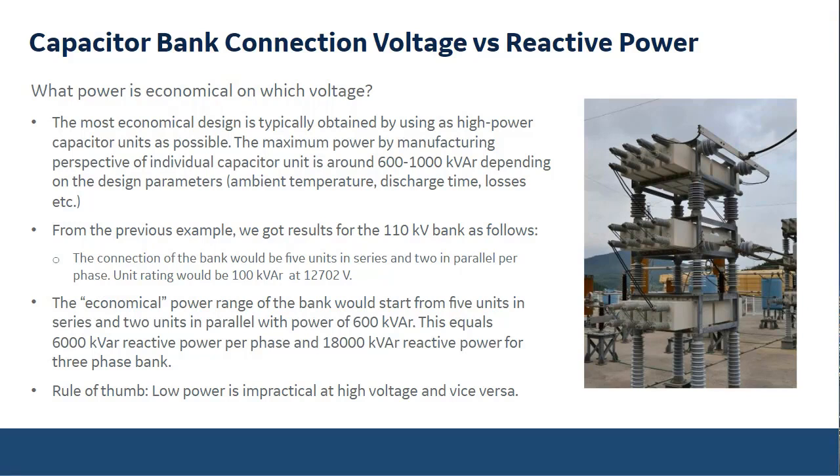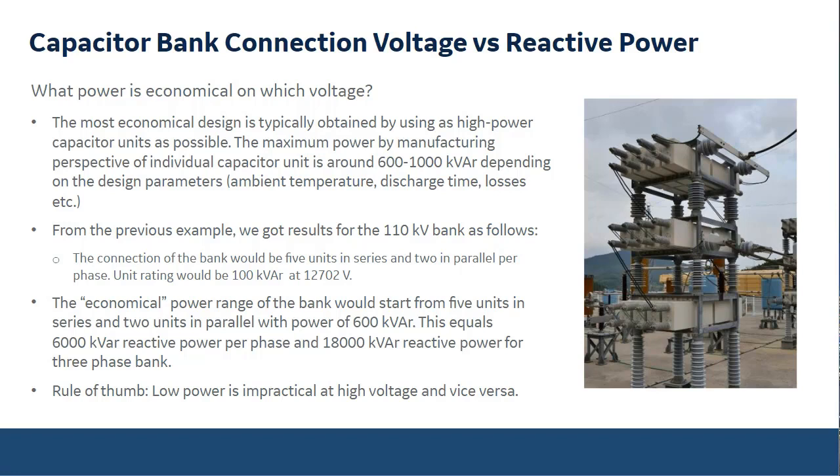So the most economical range here would be, I would say, a power range of a few hundred kilowatts for each capacitor. If it's not, then it's typically not an optimal design.